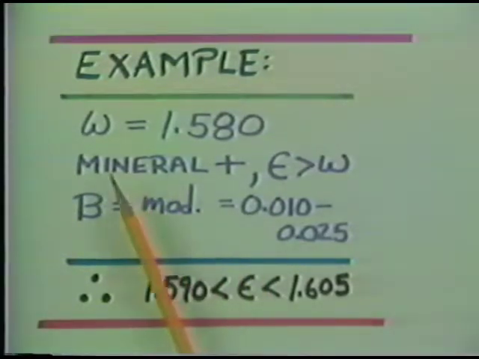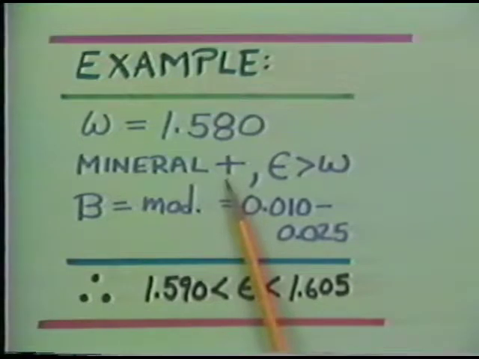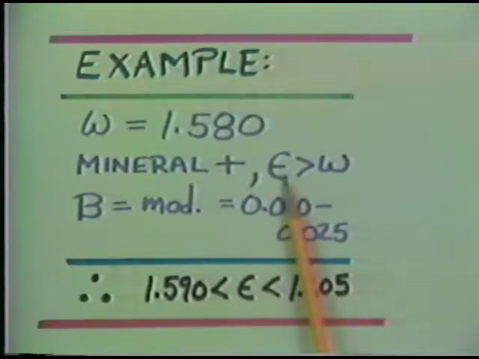We can also very easily take the sign of any uniaxial mineral. In this particular case, it's a positive sign. Since the mineral is positive, we know that epsilon is greater than omega, that E is the slow ray, and that the epsilon refractive index will be higher.